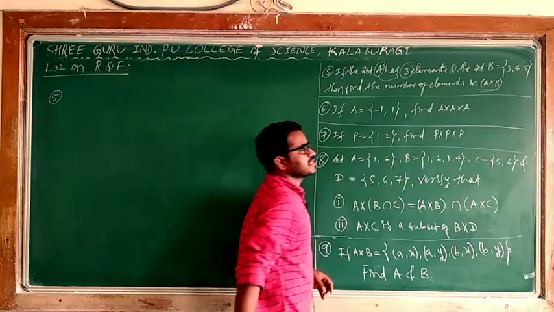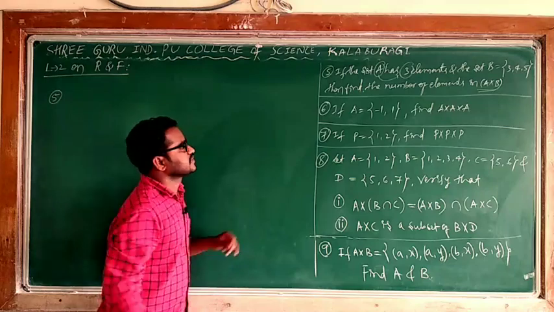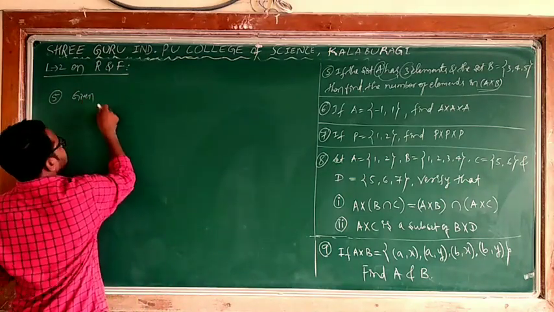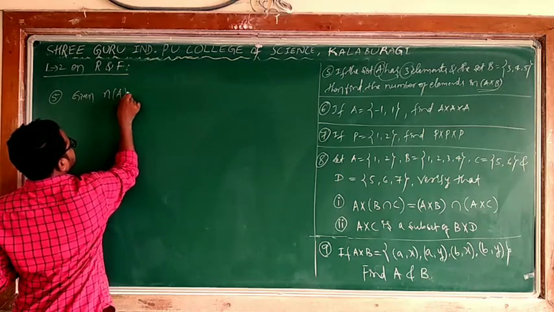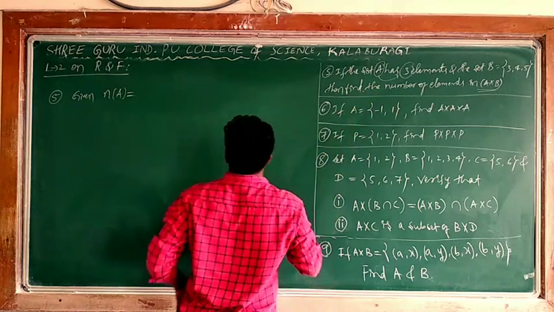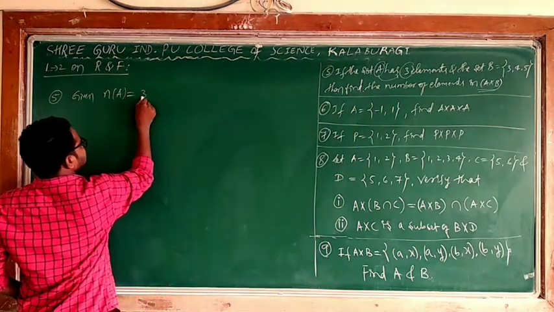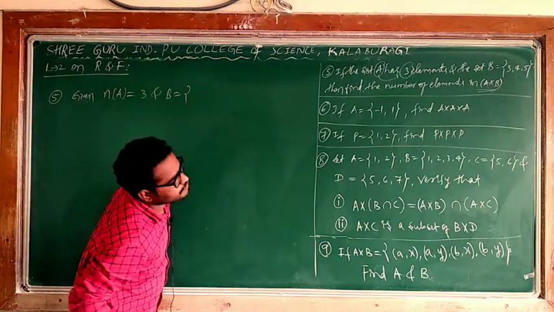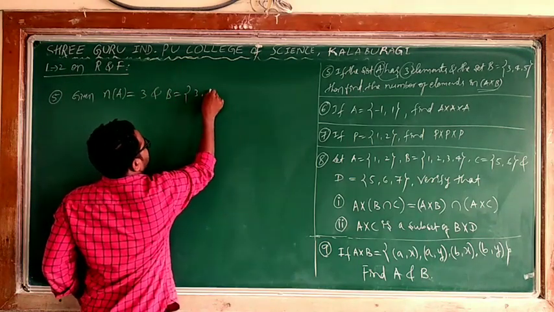This is a very simple example. He has given n of A. n of A is nothing but the number of elements. He said the set A has 3 elements, meaning n of A is 3. And B is given: 3, 4, 5.